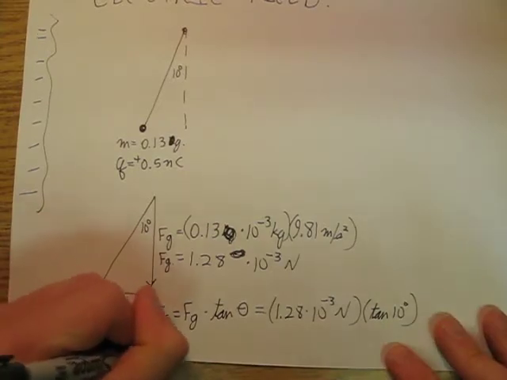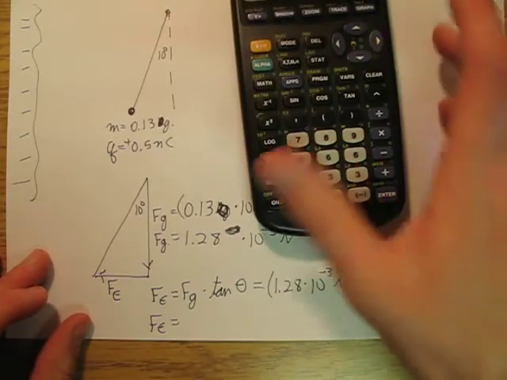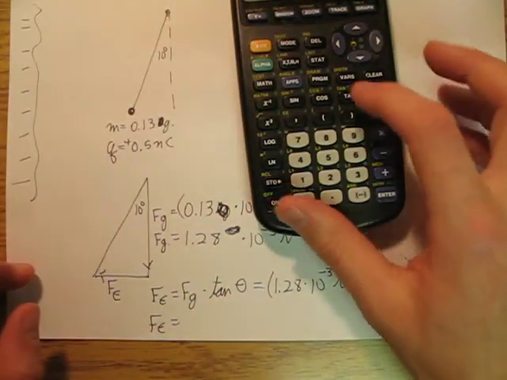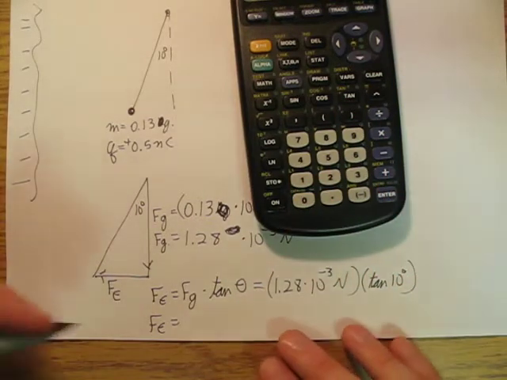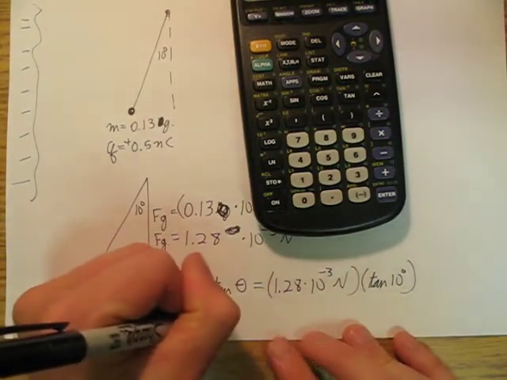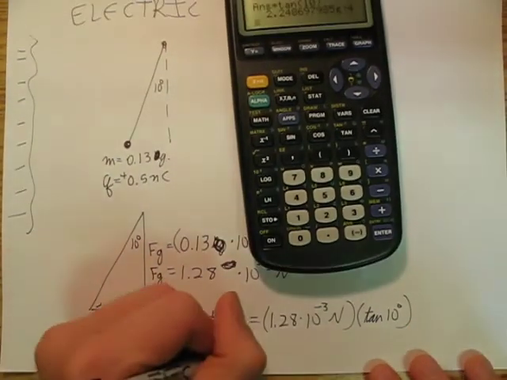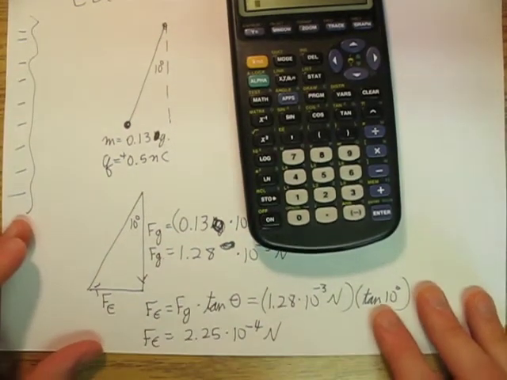So my electric force is, take my answer and multiply it by tangent of 10 degrees, and I get 2.25 times 10 to the negative fourth newtons.